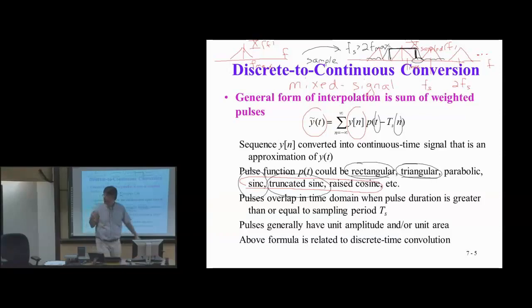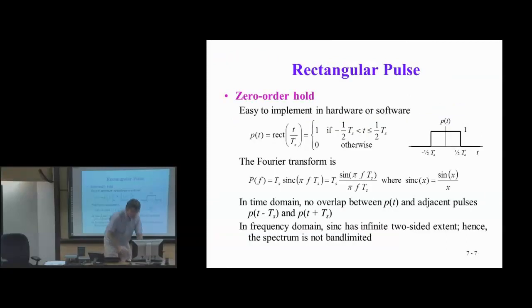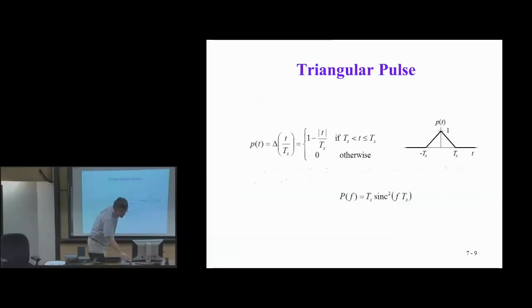Okay, so last time we went through the frequency responses of the rectangular pulse and triangular pulse. A rectangular pulse in the time domain gives us a sinc in the Fourier domain, which is low pass. That's for zero order hold, or rectangular pulse, for our interpolation.